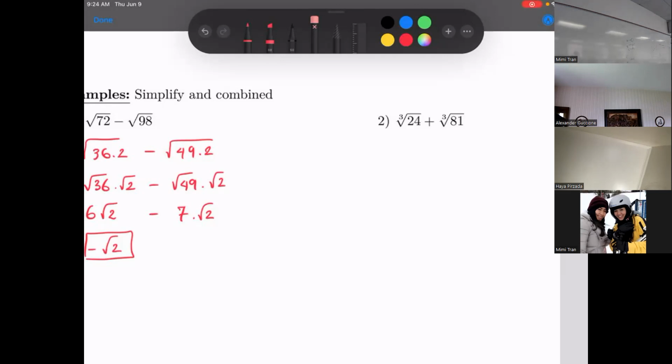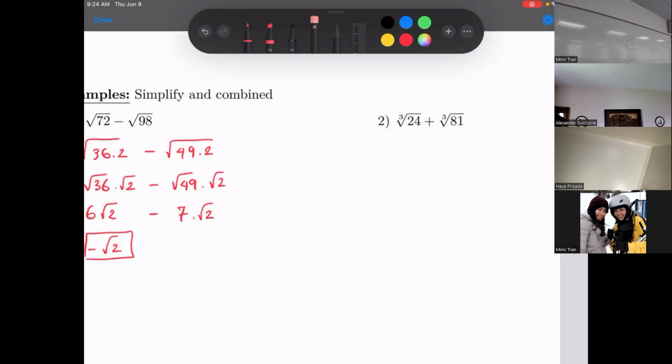Individually, for 24, I can break it up. One of them has to be a perfect cube, something that you can cube.